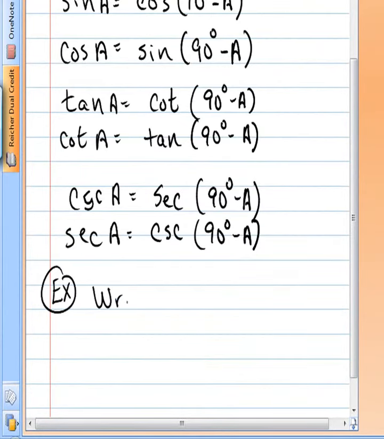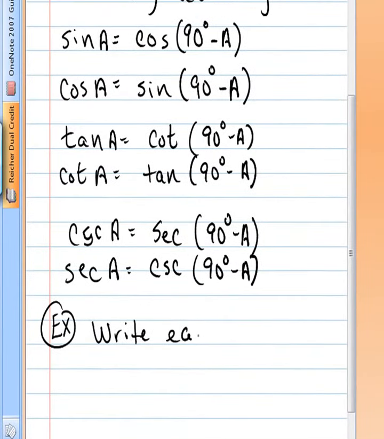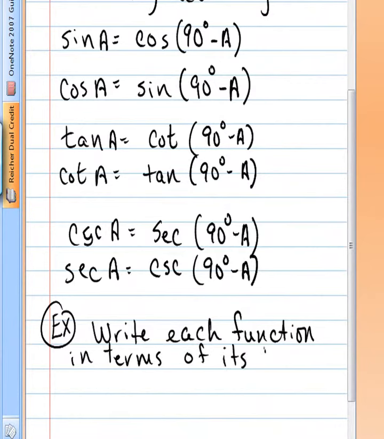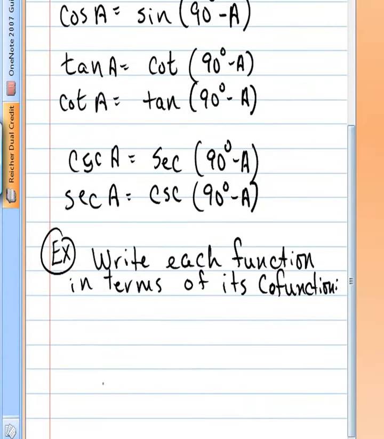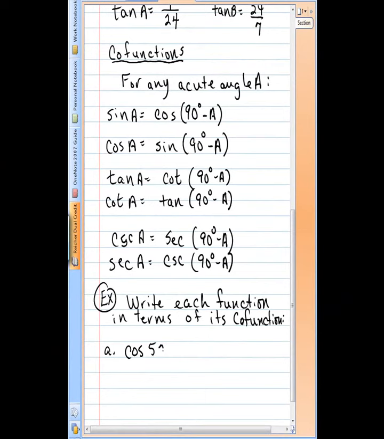Example: write each function in terms of its cofunction. Alright, so A, cosine of 52 degrees.